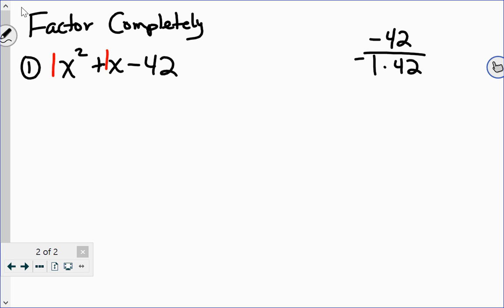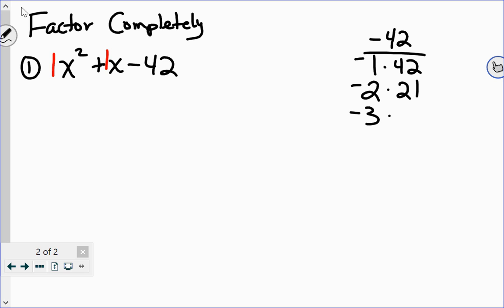So I'm going to write all my factors down and stick a negative sign with the smallest number. When I list my factors, I go in order. I start with 1 times 42. Then 2 times 21, putting the negative with the small number. Then I try 3, so that's negative 3 times 14.